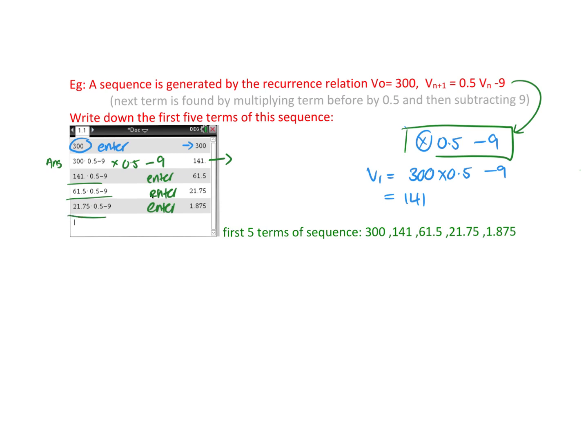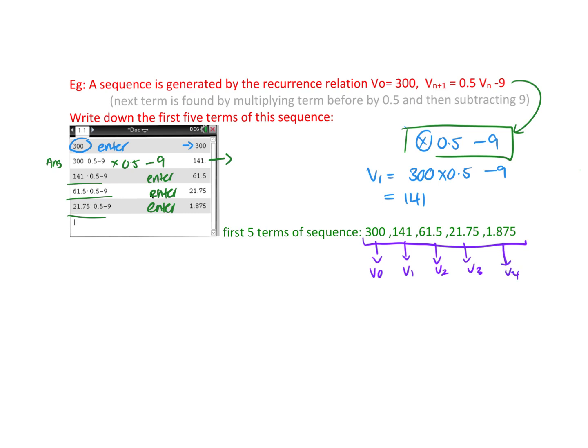So then it says if I want my first 5 terms of the sequence, I can just copy them out from the calculator. So see here, this is the first 5 terms, but if you were labeling the values, this was actually V0, this was actually V1, this was actually V2, V3, and V4.